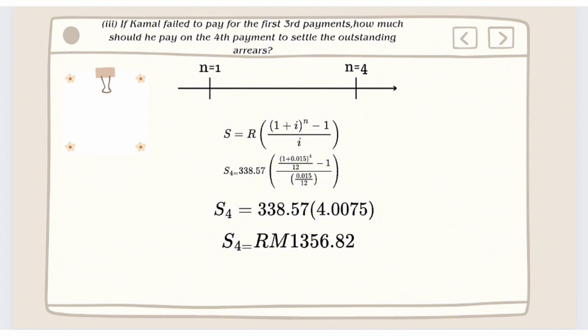So S for the fourth payment equals 338 ringgit 57 cents in brackets, 1 plus 0.015 over 12, to the power of 4, minus 1, divided by 0.015 over 12. We will get 338 ringgit 57 cents multiplied by 4.0075, and the answer for the fourth payment is 1,356 ringgit 82 cents.